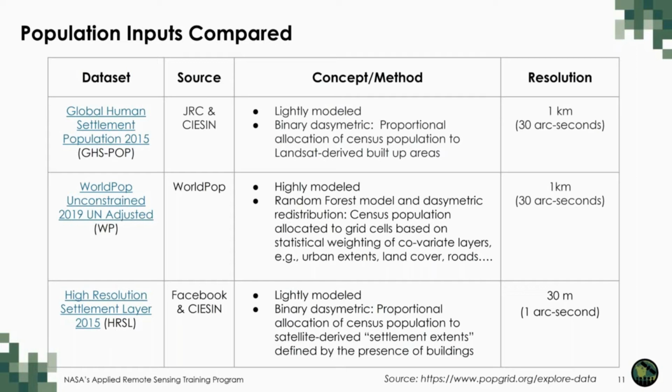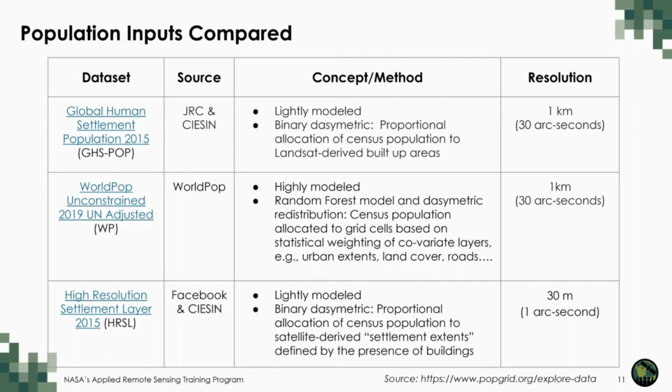The WorldPop dataset is a highly modeled product which uses a random forest model and dasymmetric redistribution to allocate census population to grid cells based on statistical weighting of covariate layers such as urban extents, land cover, roads, etc. It's available at 100 meters and 1 kilometer resolution. We use the 1 kilometer version for ease of processing and comparison with GHS POP.